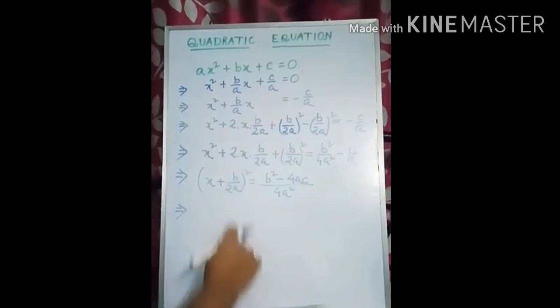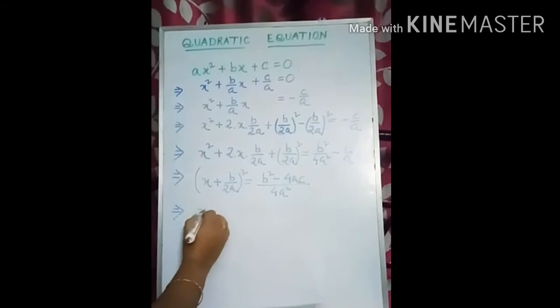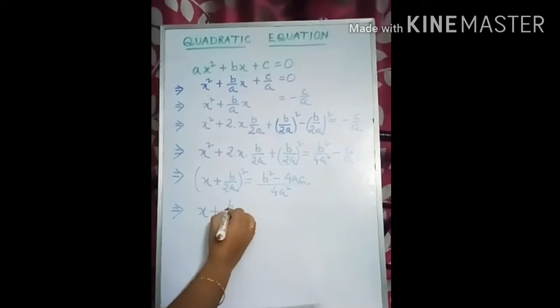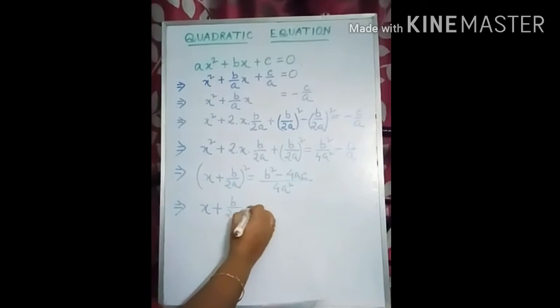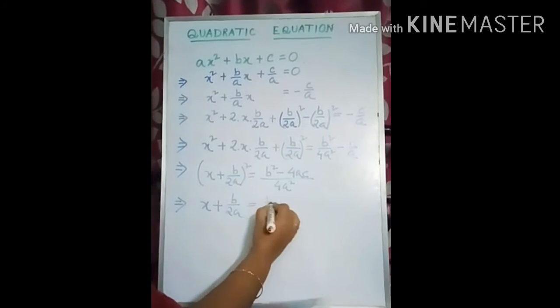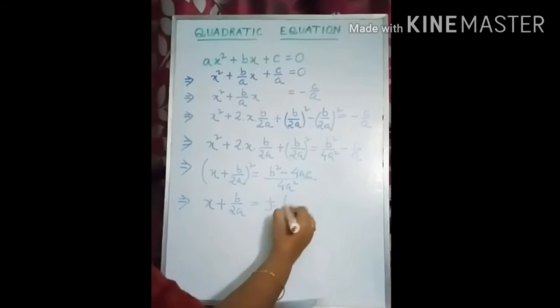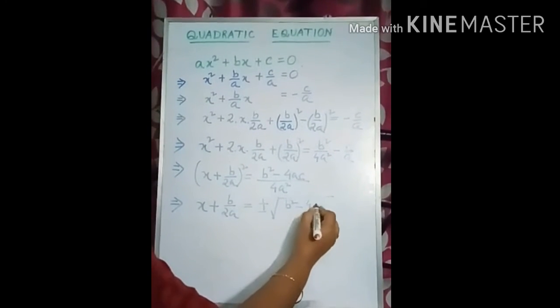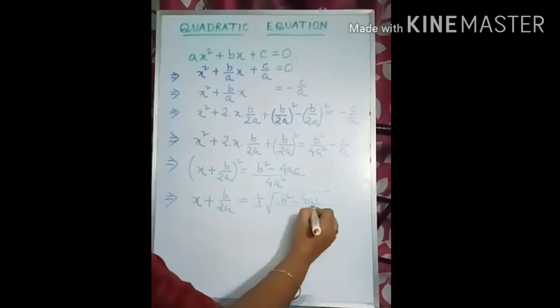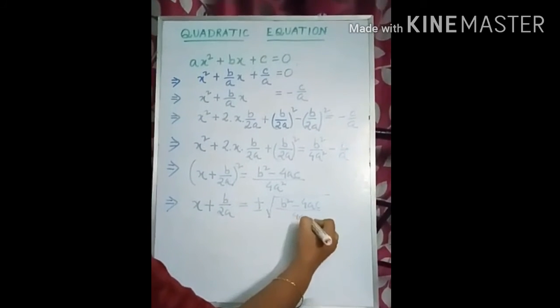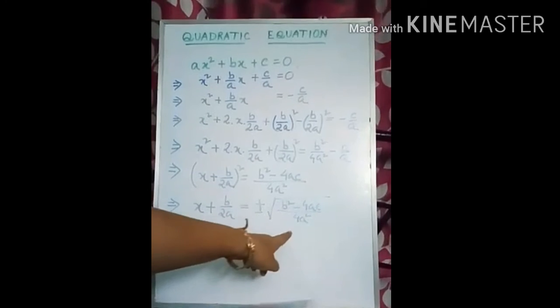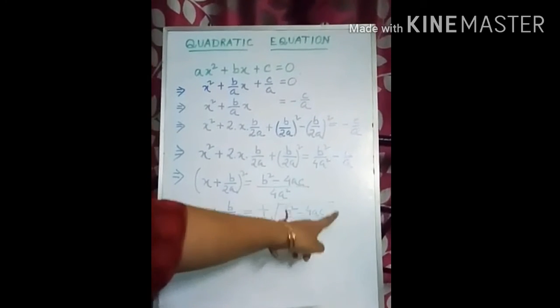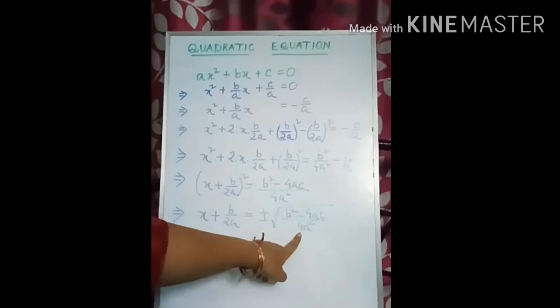Now square one I will remove. So here I will write down plus minus under root b square minus 4ac divided by 4a square. But in the denominator, if root comes, 4a square will become twice a.